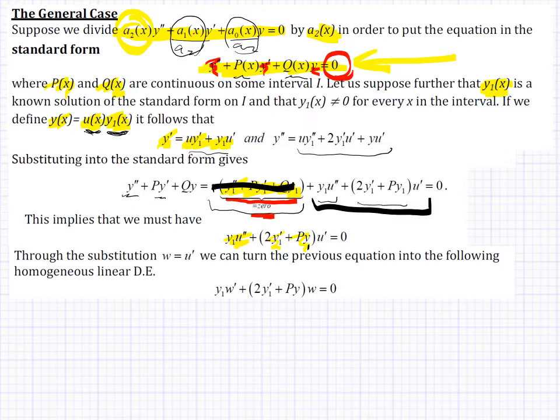The substitution we're going to make is that w equals u prime. And this is where the reduction of order comes into play. If w equals u prime, then w prime equals u double prime, in which case u double prime goes to w prime, and u prime goes to w.